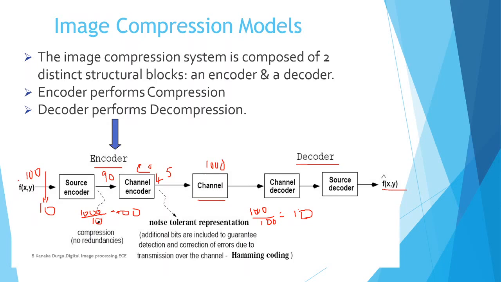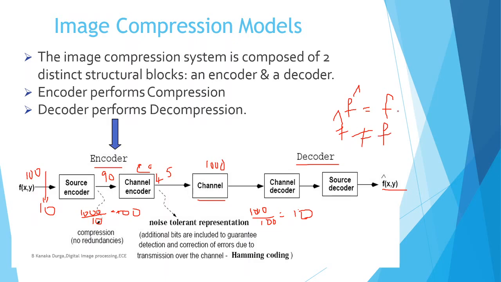So f cap of x comma y represents the output image, which is approximately equal to the original image. Sometimes f cap can be equal to f, or sometimes f cap is not equal to f.